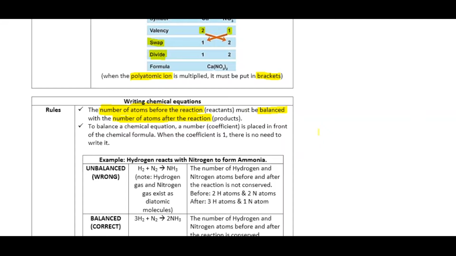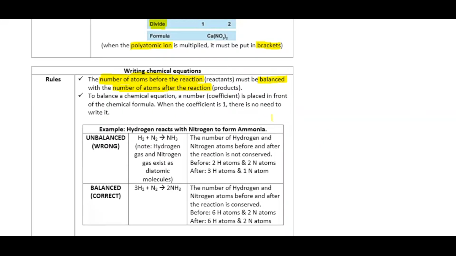They must be present before and after the reaction. So you place a number called a coefficient in front of the chemical formula of the substances, to show that there are different numbers of such substances, so as to allow the overall equation to be balanced. And when the coefficient is 1, there's no need to write it.